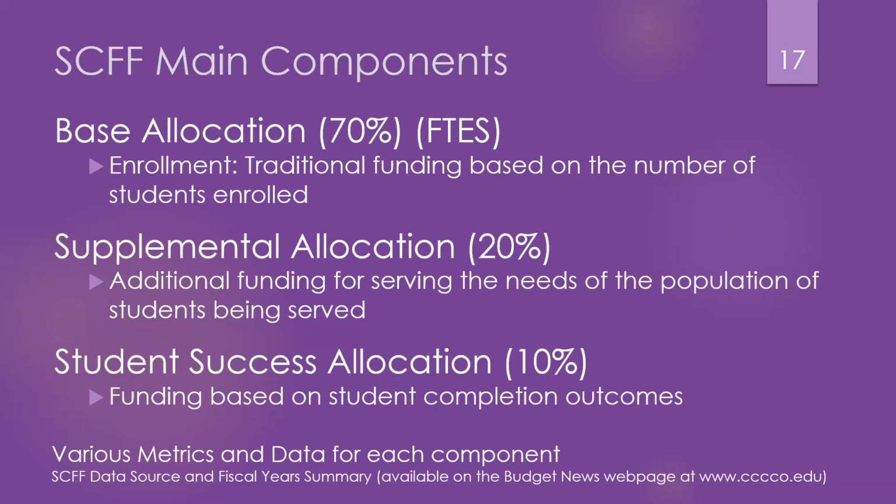The student success allocation is funding that targets and incentivizes successful outcomes of California community college students. So if you were in our system prior to the pandemic, prior to our current governor, before the student-centered funding formula went into effect, you suddenly heard the phrase pathways, guided pathways.